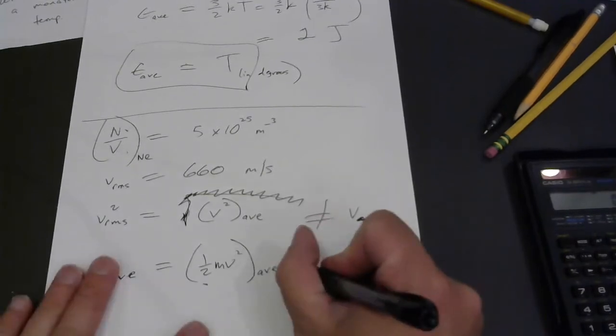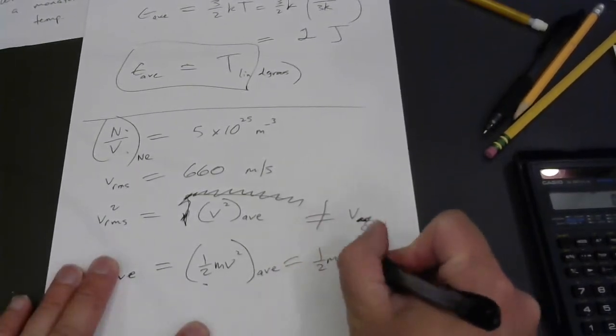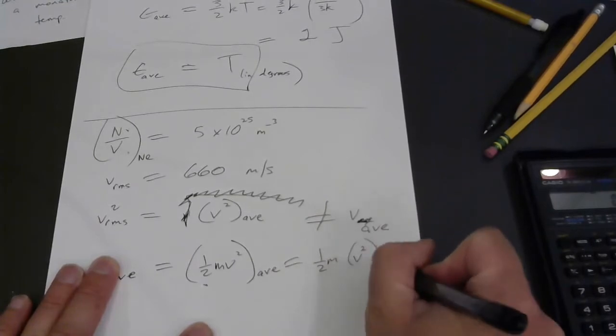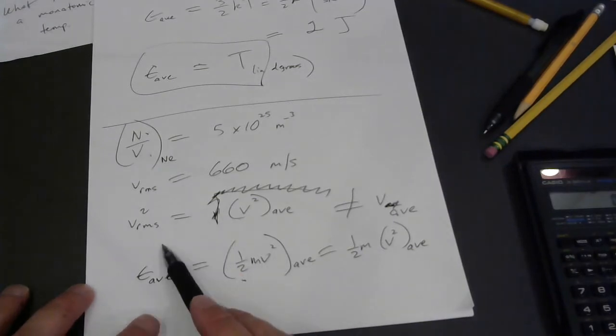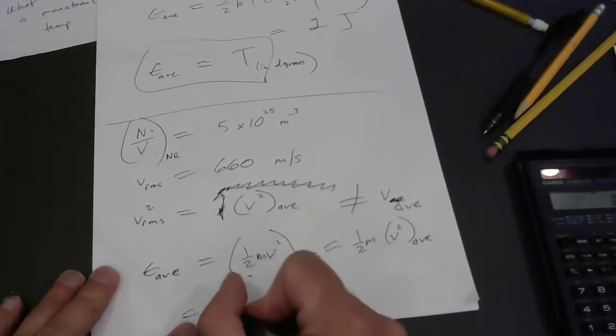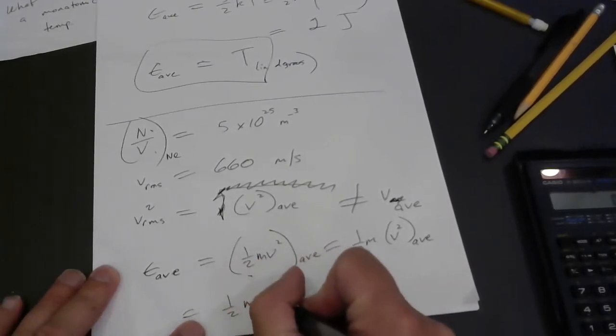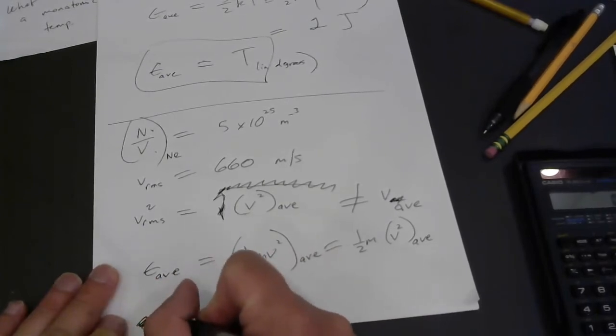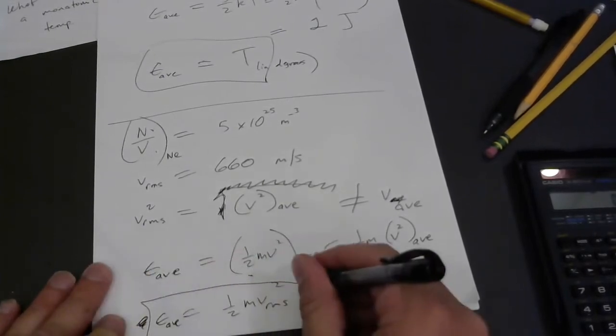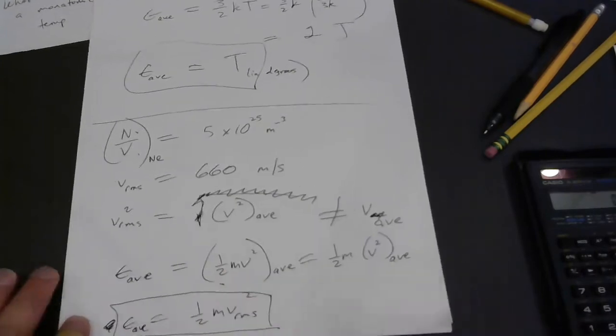So this would really be 1/2 m times the average of v squared, but the average of the squared speed of all these particles is by definition VRMS squared. So we can write that as 1/2 m VRMS squared. Okay, I'm going to put a box around this to emphasize it, because that is worth memorizing.